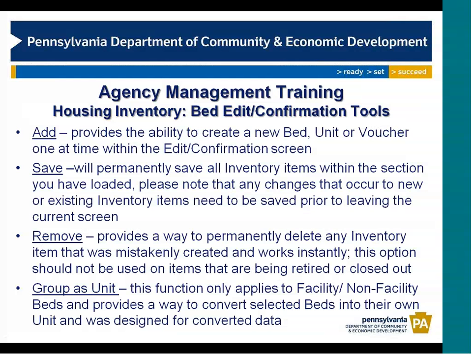You'll only want to use this option if you've mistakenly created a bed or an item or a unit or a voucher. You do not want to use this option if you had a bed that was in use and you want to close it out because it's no longer used anymore. We want to keep that information historically, both the physical setup and the usage, so be careful with that.